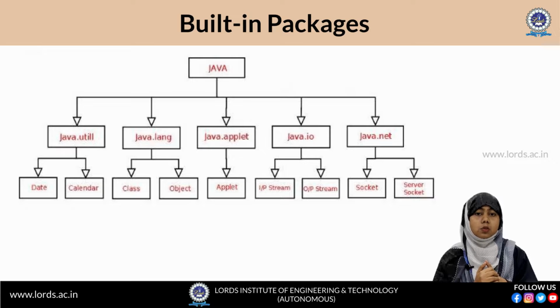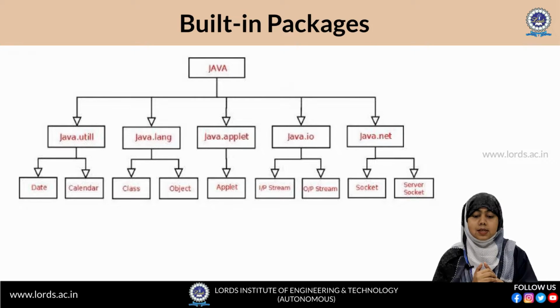Apart from that, it also helps us implement date, time and calendar. If you want your application to show the date or the time, we need to use the utility package.